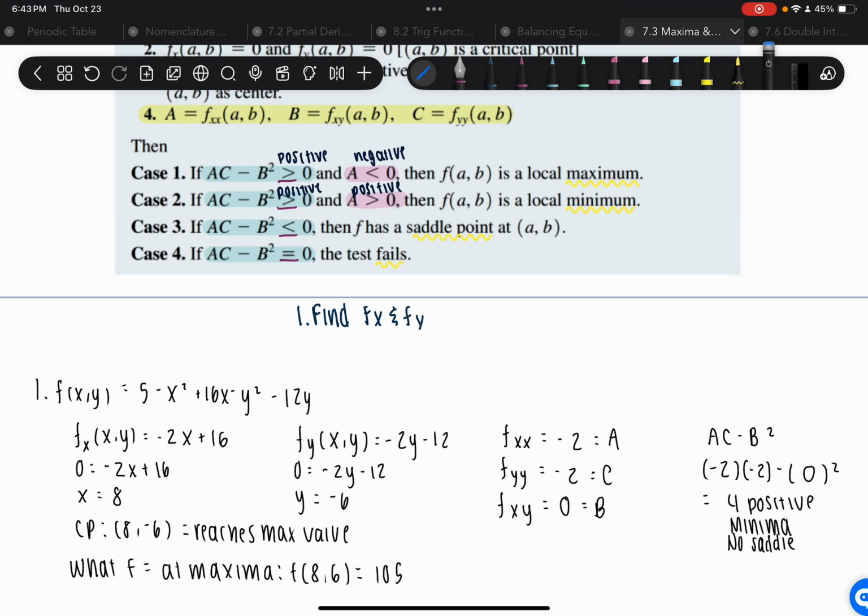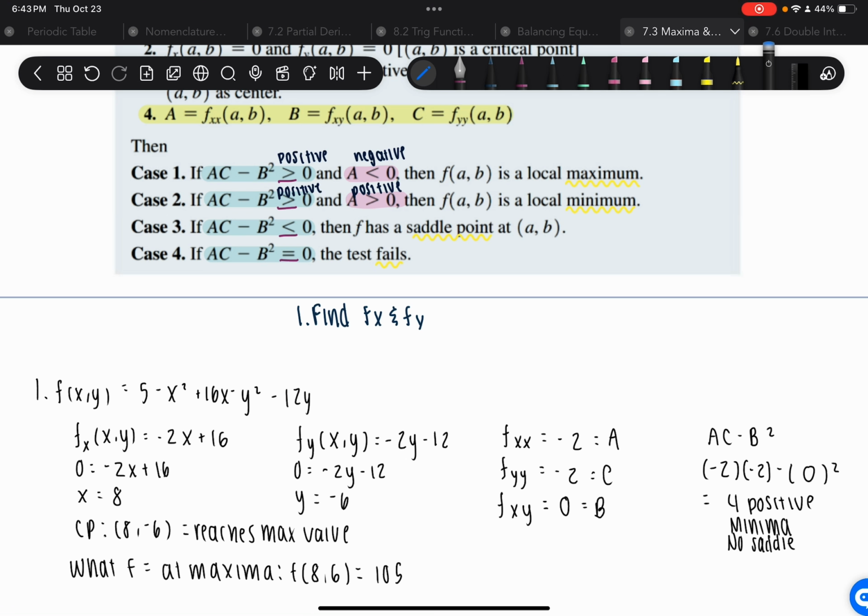If you look at our equation, we have both x and y values. So when finding f of x and f of y, we're just going to treat the other variable like a constant. As we can see for f of x, my derivative is negative 2x plus 16, which I got right here, and I treat the y's kind of like a constant.